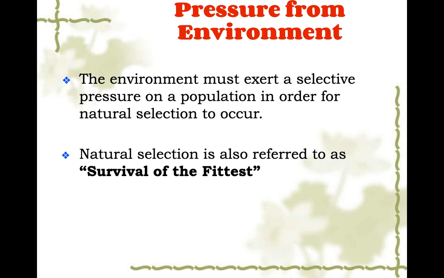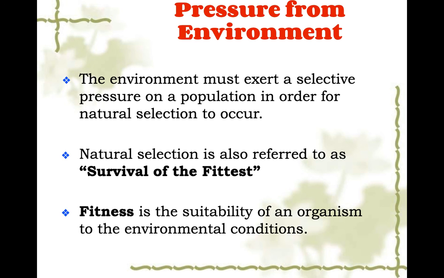And this is where the idea of natural selection also being referred to as survival of the fittest comes from. In this context, fitness is the suitability of an organism to the environmental conditions. So depending on the environment, the organisms that are best suited to live and reproduce are going to be the ones that pass on their genes.